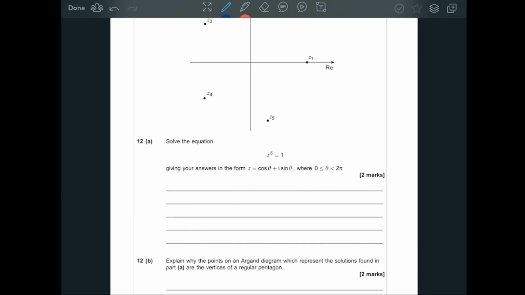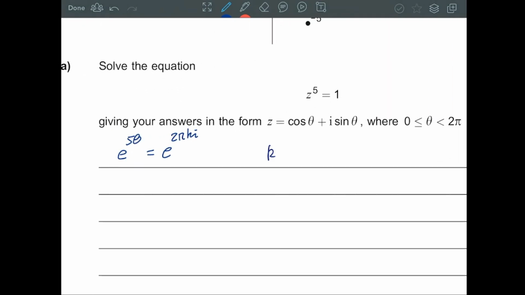Okay, so that's saying e to the 5 theta equals e to the 2 pi ki, for k is 0 to 4. It's going to give me all my solutions. So my angles are going to be 2/5 pi k, and k equals 0 to 4.